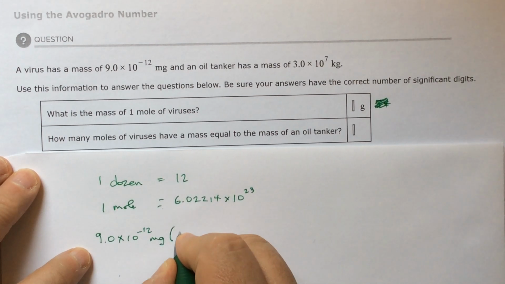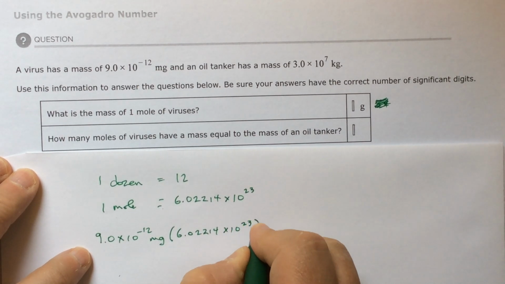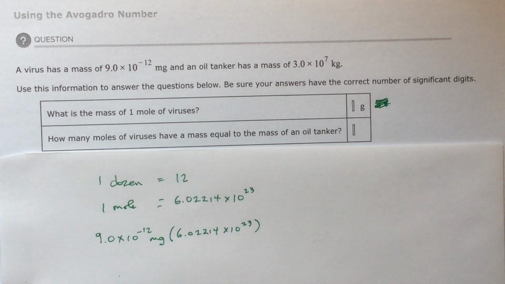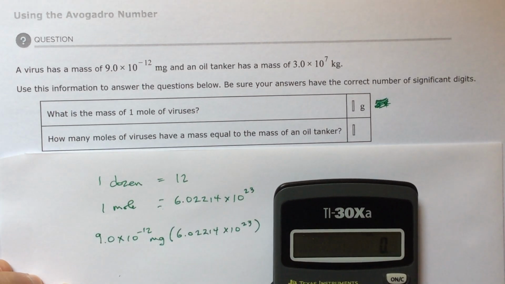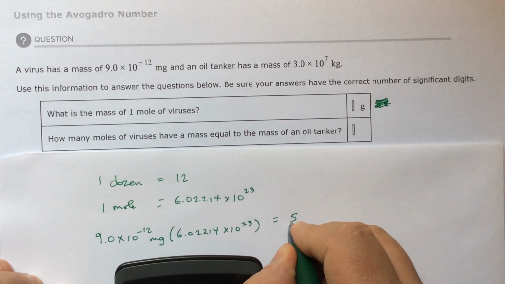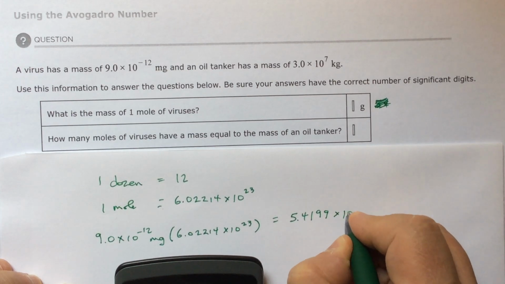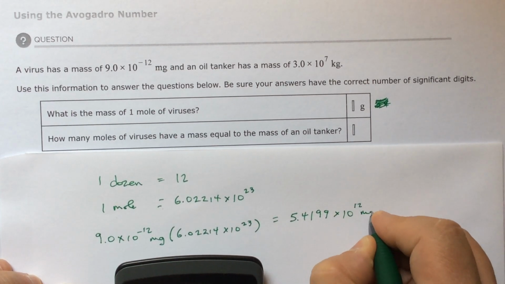So I'm going to multiply by 6.02214 times 10 to the 23rd, and I'm going to get a weight in milligrams. So I've got 9.0 times 10 to the negative 12th times 6.02214 times 10 to the 23rd. That's going to be equal to 5.4199 times 10 to the 12th milligrams.